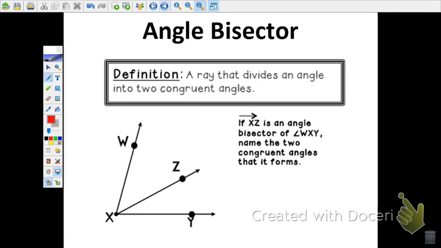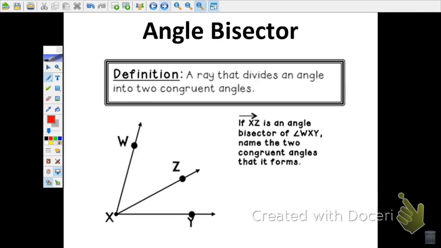And then on the next page in your interactive notebook, we have an angle bisector, similar to what we talked about with our segment bisectors. An angle bisector is a ray that divides an angle into two congruent angles.